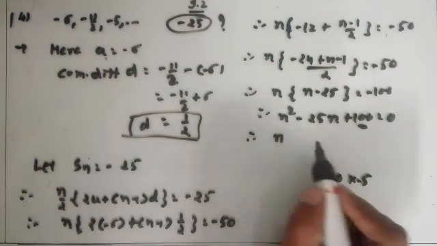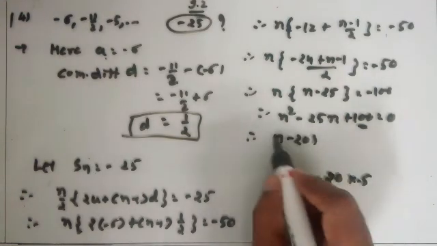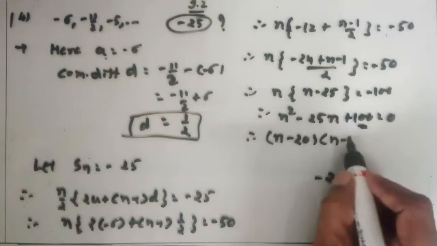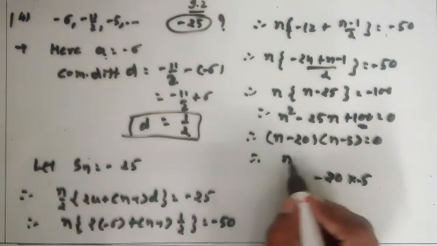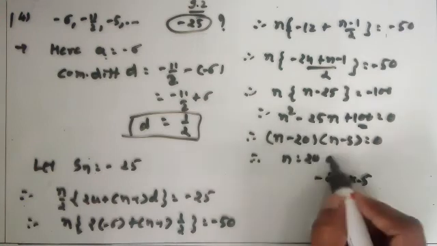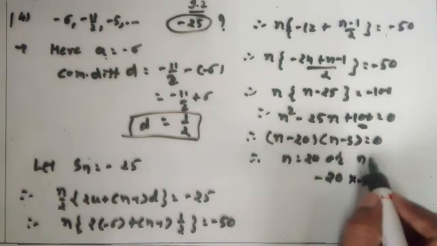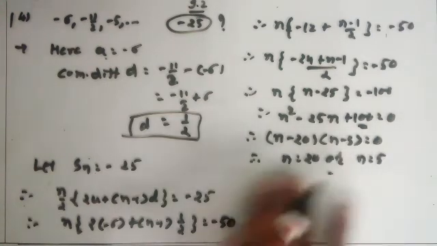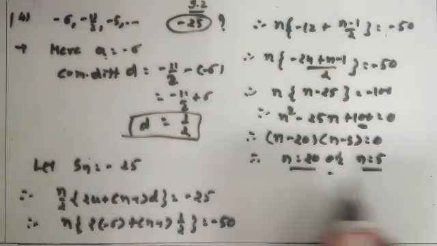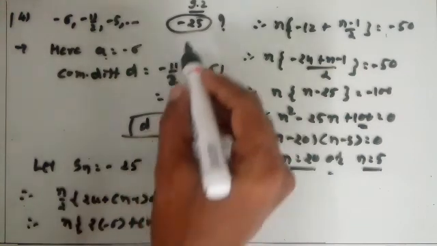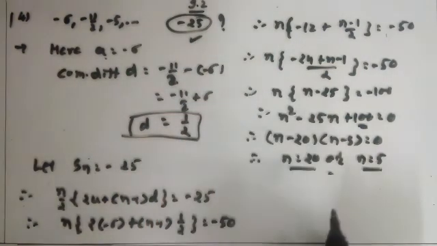So we have factors n minus 20 and n minus 5 is equal to 0. Therefore n is equal to 20 or n is equal to 5. Clear? So the sum of 20 terms or 5 terms becomes minus 25. Okay.